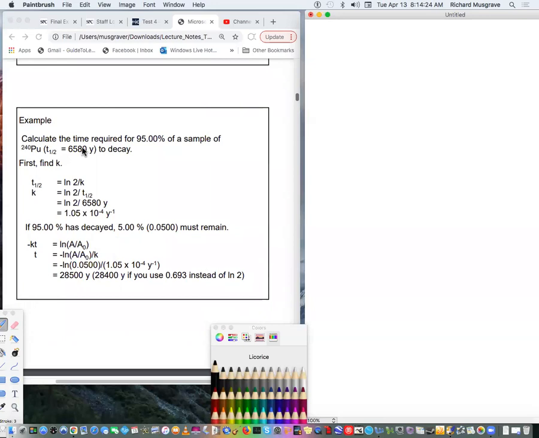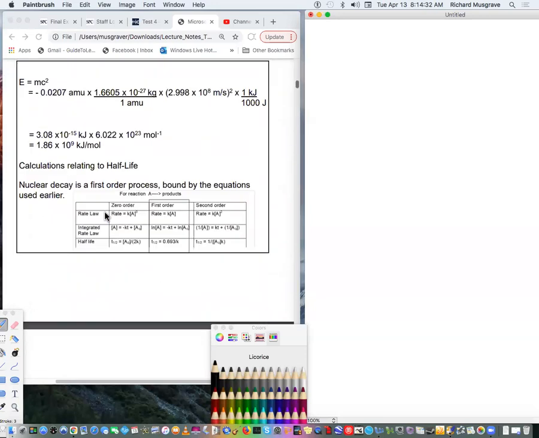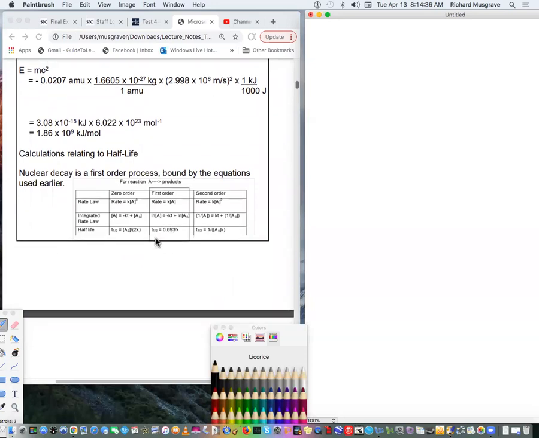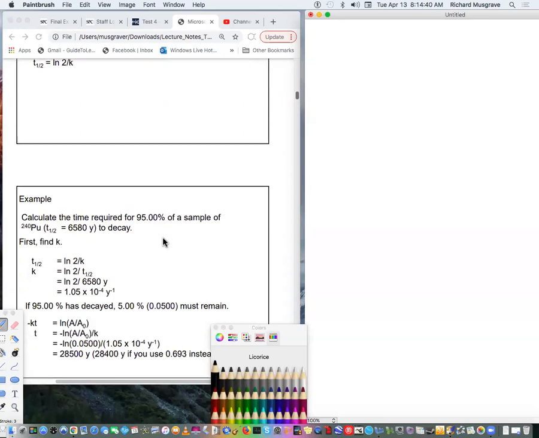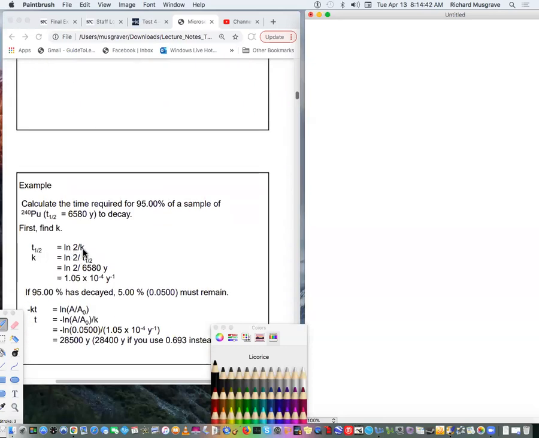So the first thing we do is we find K. Now K is found by rearranging this half-life equation that I showed you earlier. I explained that this 0.693 is log 2, a natural log of 2. If you put natural log of 2 in your calculator, that's what you come up with. So T half is log 2 over K, so K is equal to log 2 over T half.